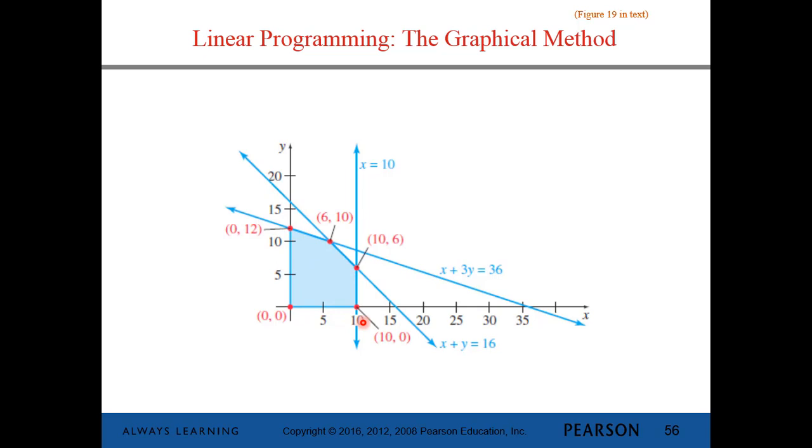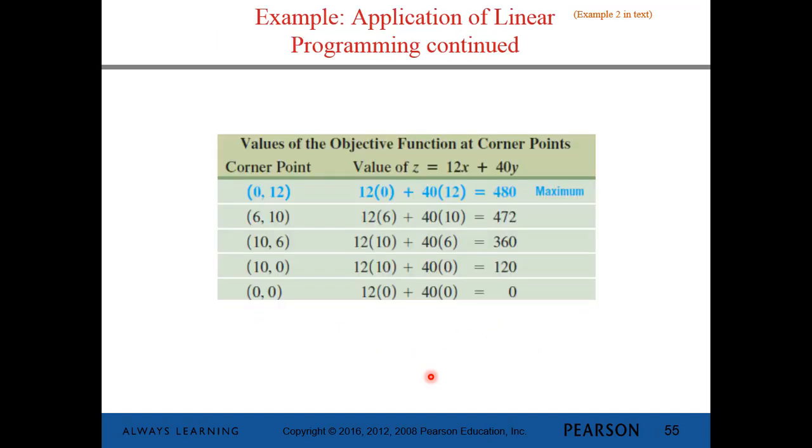Of course, the one that gives us the maximum value of z is the answer. So if we go back, here are the points, and we just plug in all the points, and we find that the one that gives us the maximum value is the one that says have all pigs and no goats.